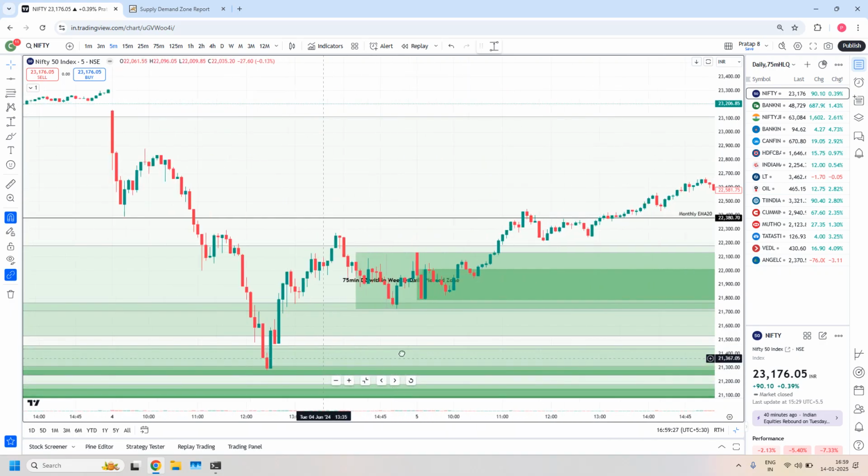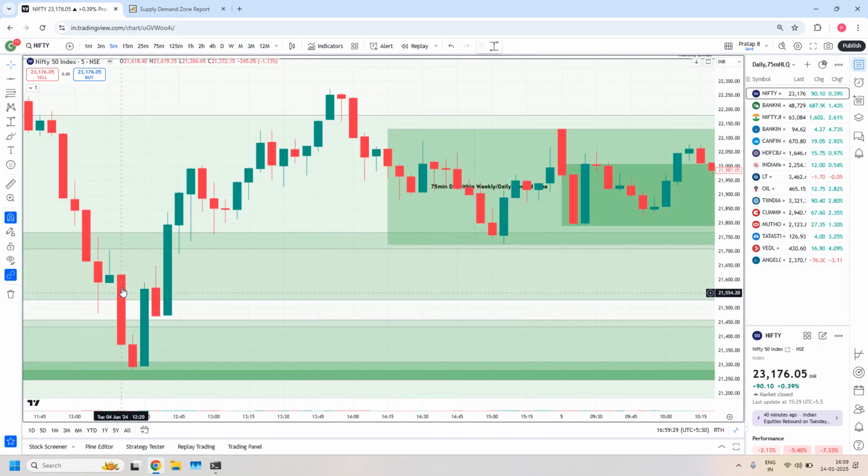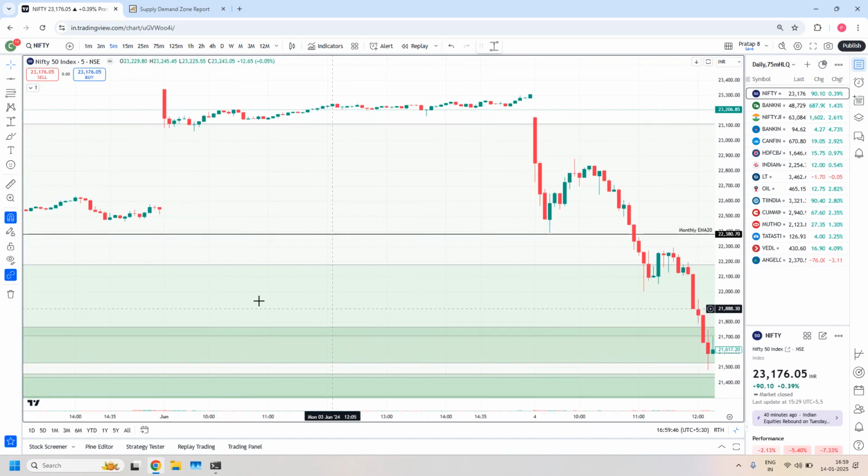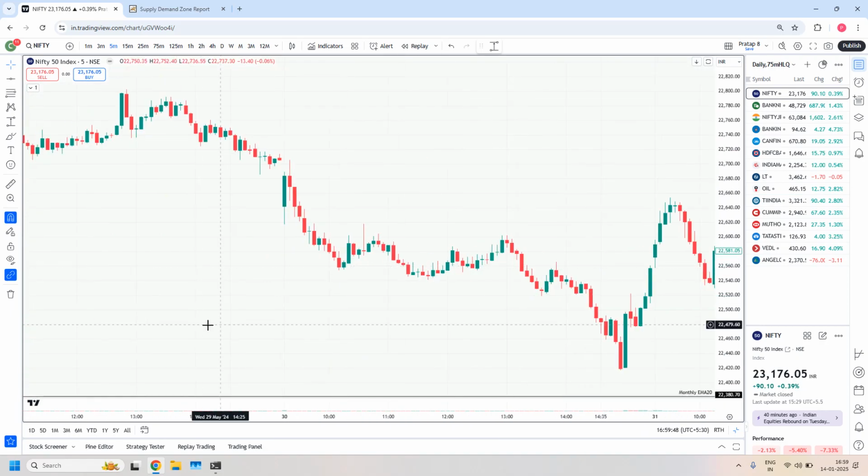And remember, observe carefully. Institutions again created a drop base rally. This is a 5 minute zone. That means if you have a fine-tuned 5 minute zone, mostly this zone might be working like a high liquidity 5 minute zone. Which one? The one we are going to fine-tune.